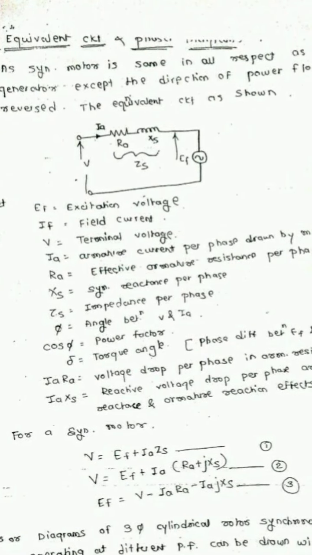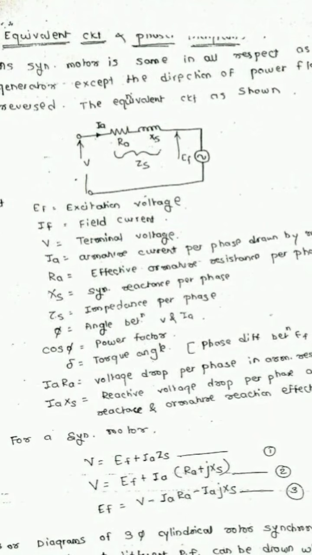A synchronous generator converts mechanical energy into electrical energy, and in a synchronous motor, the function called motoring converts electrical energy into mechanical energy. So the equivalent circuit remains the same, but the power flows from electrical to mechanical and mechanical to electrical. This will be shown in a circuit diagram.